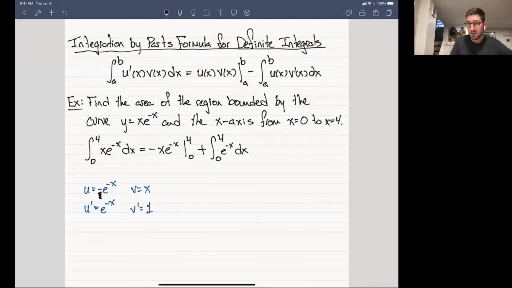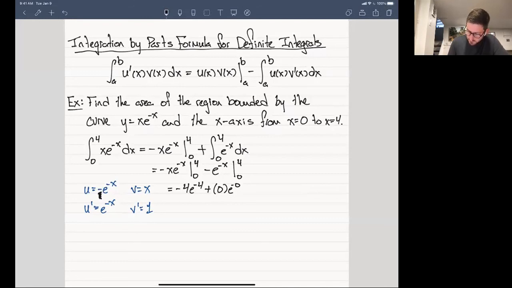So life is good, right? This is very, very nice. Now, before I evaluate at the endpoints, let's actually do the antiderivative here. This gives me minus e to the minus x. These are definite integrals, so there are no more plus c's. So here now, you get minus 4 e to the minus 4, minus, well, I guess it's plus 0 e to the minus 0.